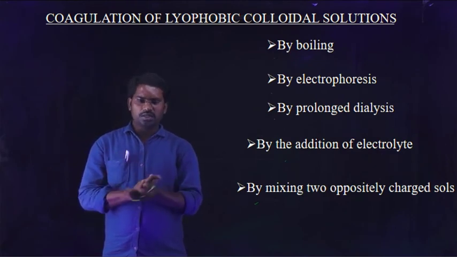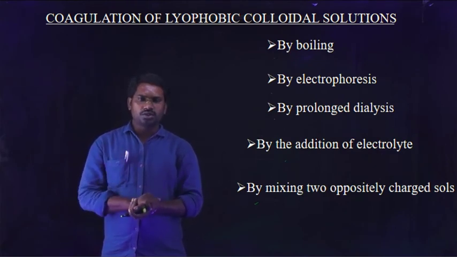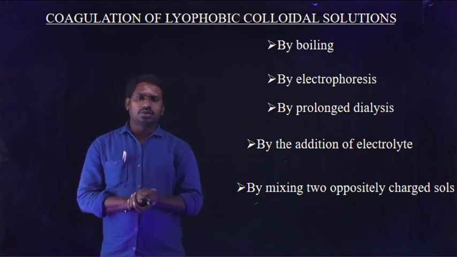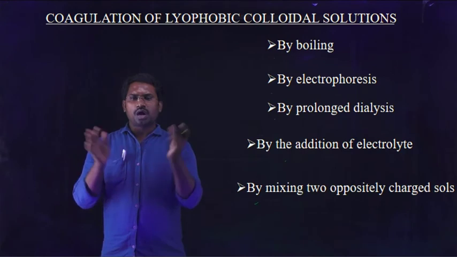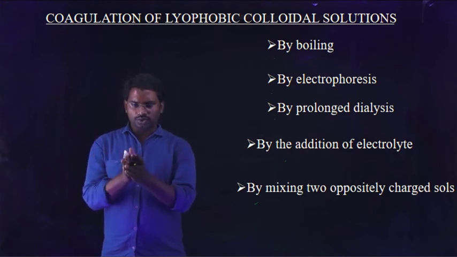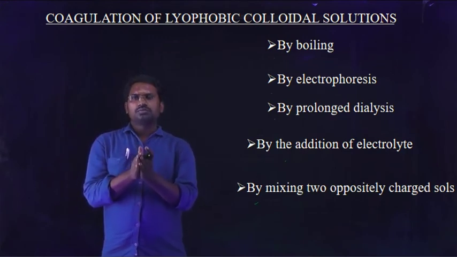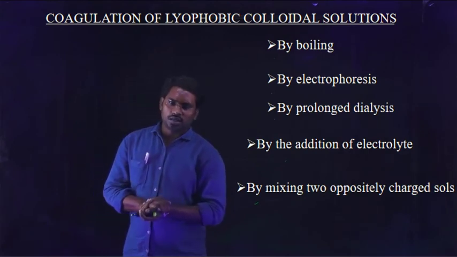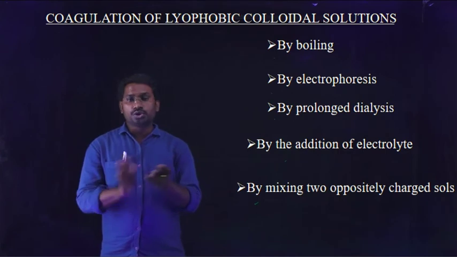They come down as a precipitate and get neutralized. This coagulation is also known as mutual coagulation. Mutual coagulation means oppositely charged colloidal solutions aggregate with each other, neutralization takes place, and they come down as a precipitate.